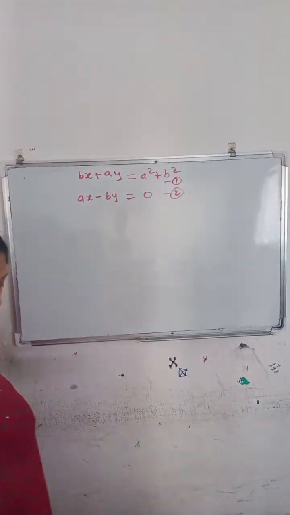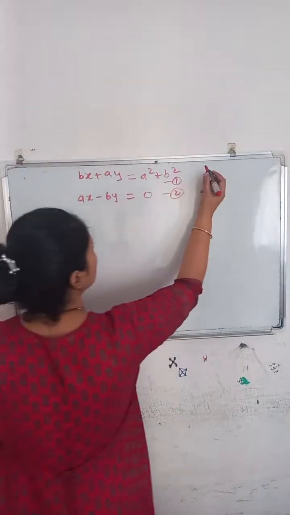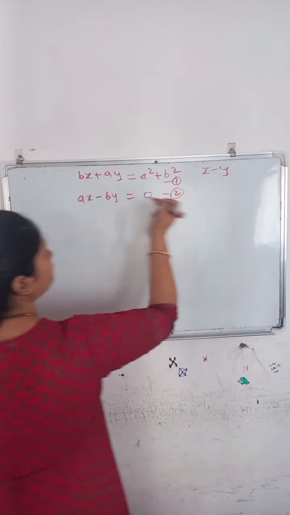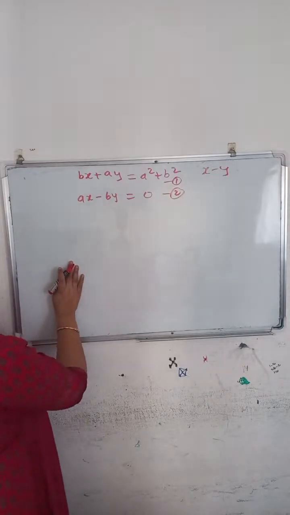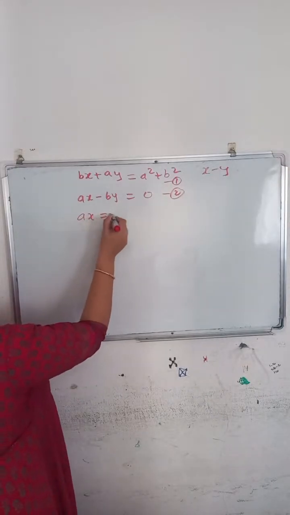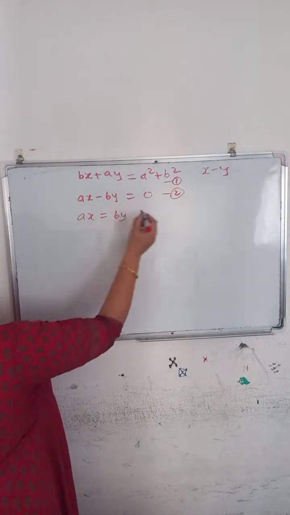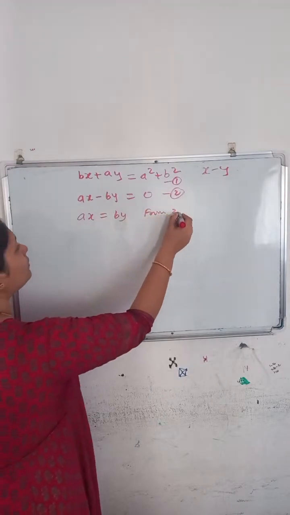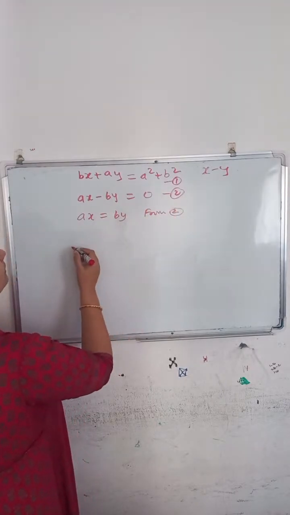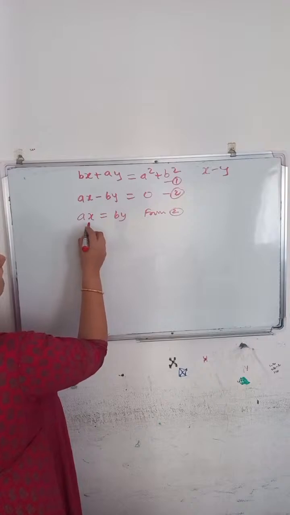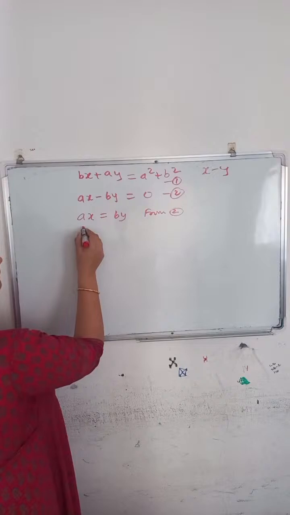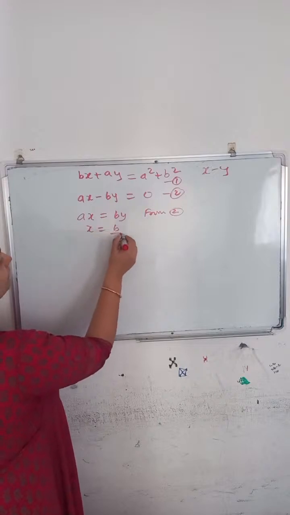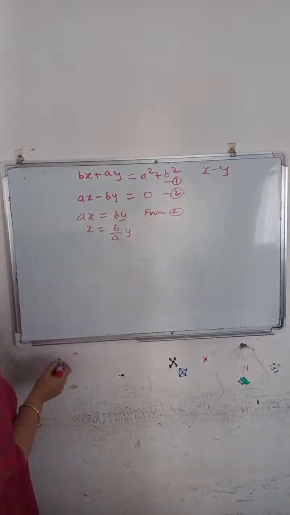What we have to find out here is x minus y. If we are going for the substitution method, I can write here ax is equal to by from 2. So the value of x is equal to b by a into y.